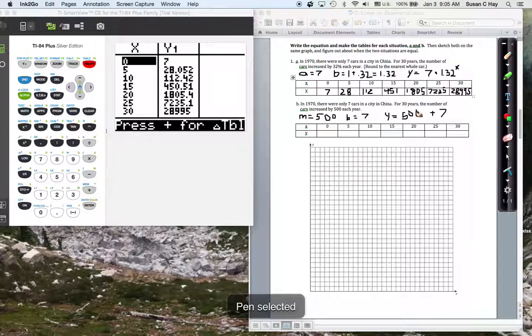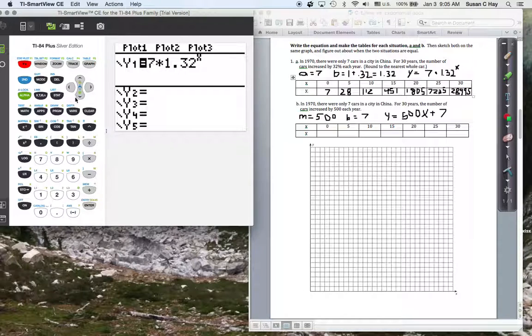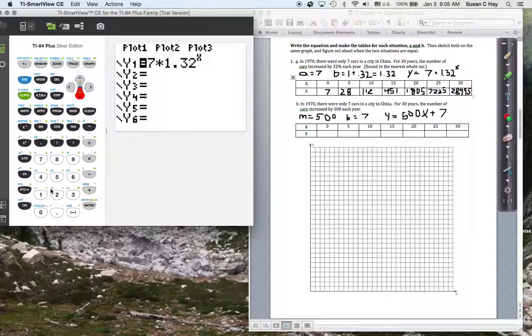I'm going to go 500x. Okay, plus 7. All right. So getting over into here, we're going to go back into the y equals, and we're going to enter our second equation. So 500x, x, and then plus 7.